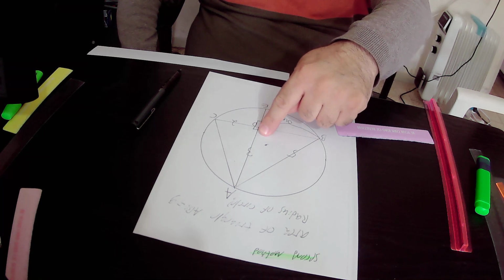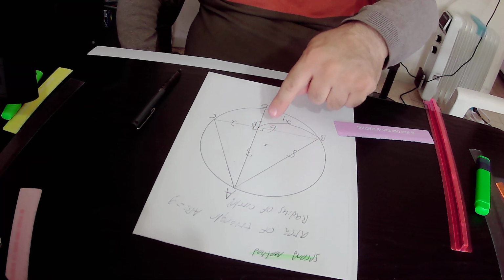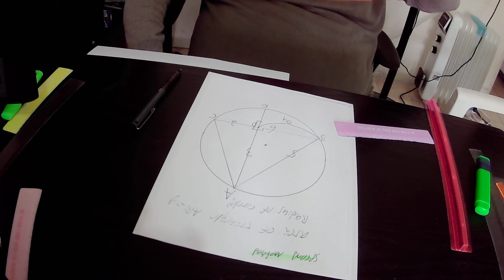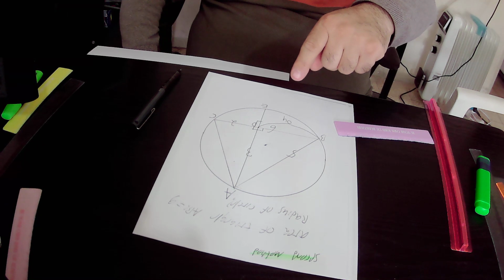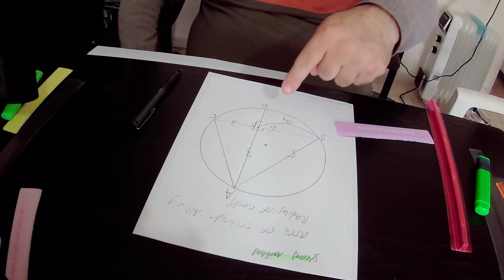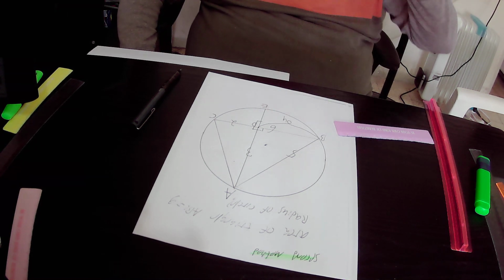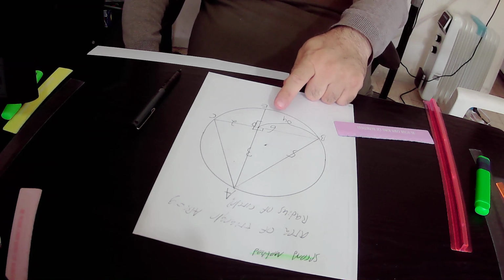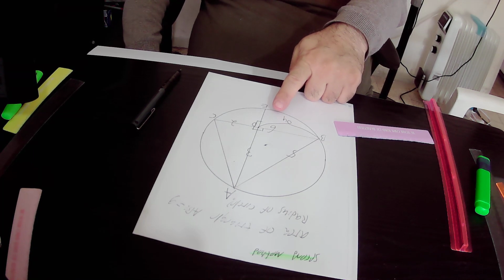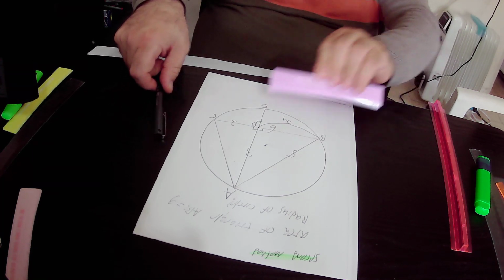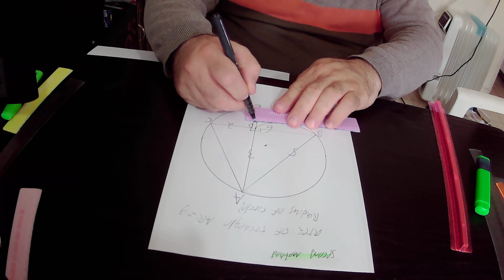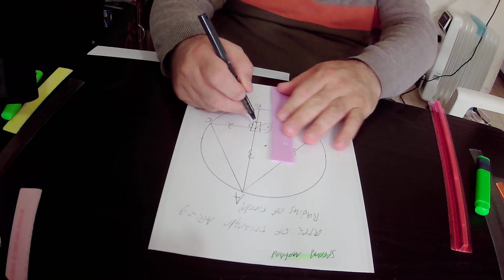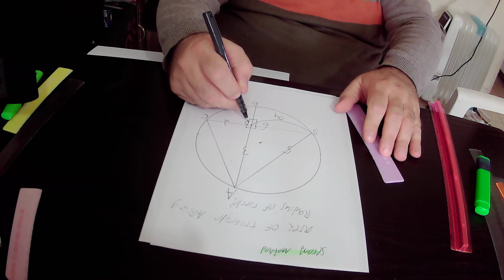So this angle equals 90 degrees, and this is the missing angle. So 90 degrees plus angle BDE must be equal to 180 degrees. If we subtract 90 degrees, we get that the missing angle, angle BDE, also equals 90 degrees. So we found out that all the angles around point D are right angles.